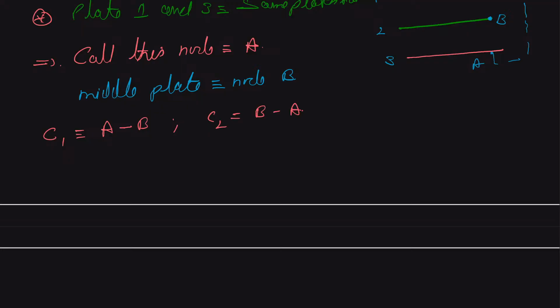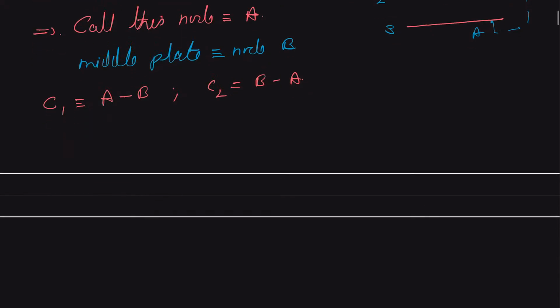The sequence matters, because then we are able to find out whether they will be in series or in parallel. So that's why their sequence is important. Therefore, from here we can draw an important conclusion that both capacitors are between the same two nodes.